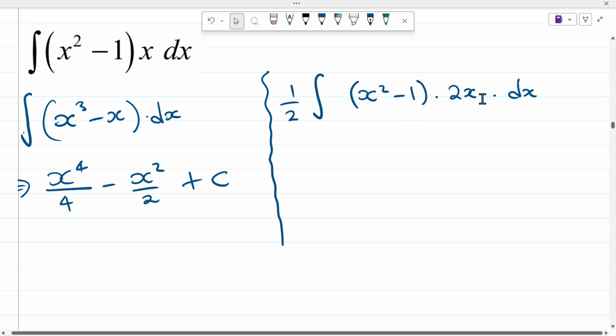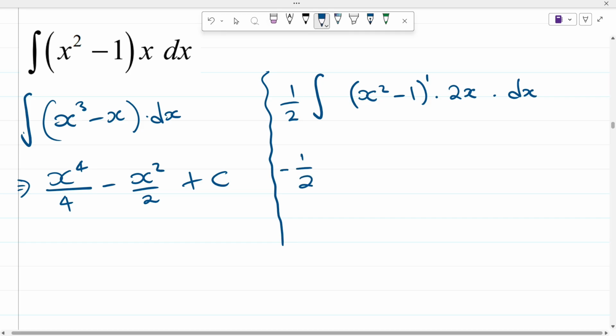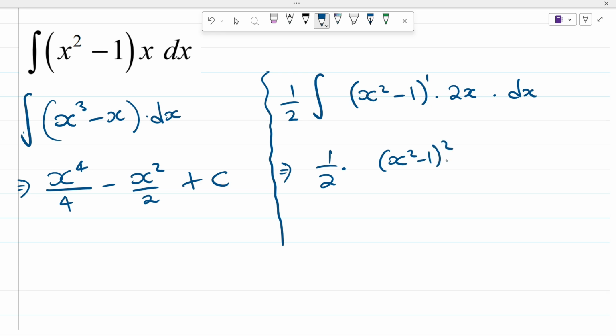However, we can make use of 2x and this one. So we can apply the general power rule from there. The answer for this is going to be 1 over 2 multiplied by, I now apply the general power rule there, that's going to be x squared minus 1 squared divided by 2 plus c.